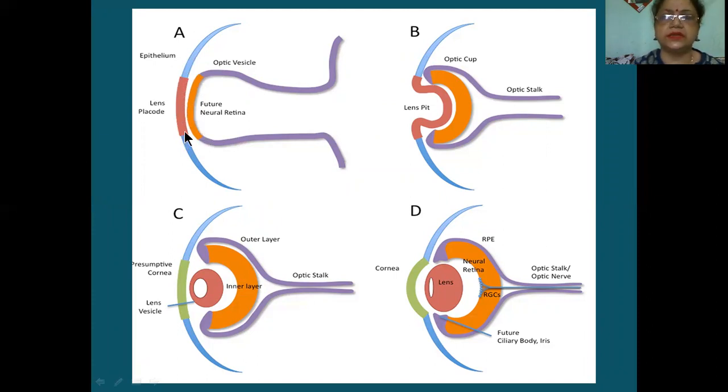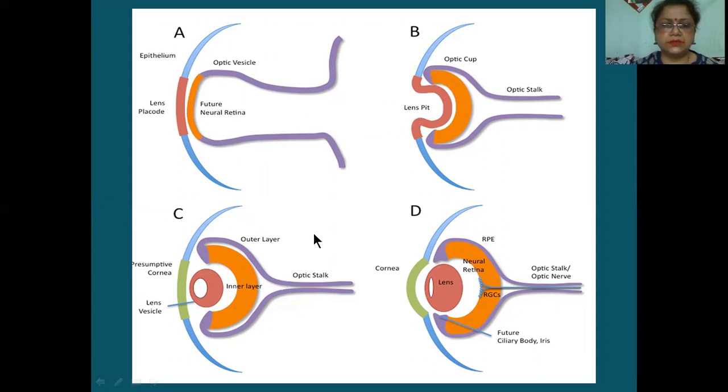This area is the future neural retina. You already know the retina has 10 layers. Out of that, the first layer is the pigmented layer, and the rest of the 9 layers are neural layers. Developmentally also, today you'll see how it develops. Partly the first layer is from mesoderm, as I told you in my previous section, and the rest of the 9 layers are from neural. So first it is like this.